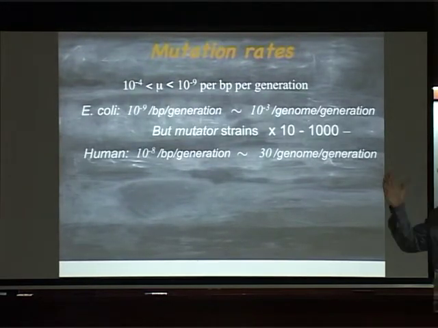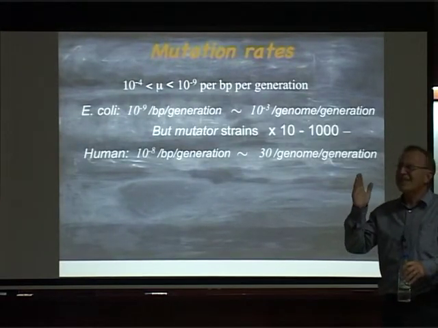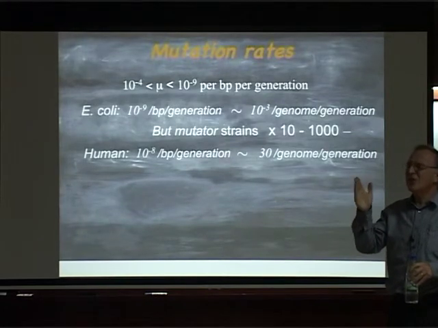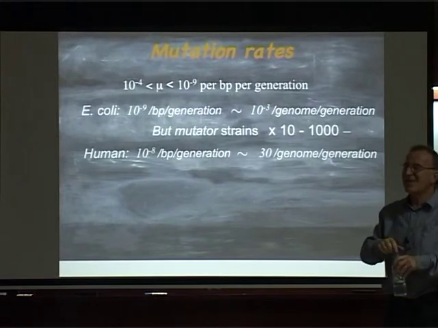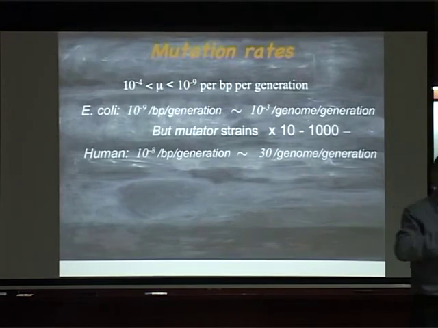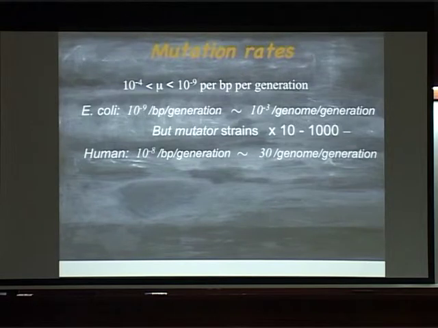So a tenth per genome per generation is a reasonable ballpark number that will see you through most situations.